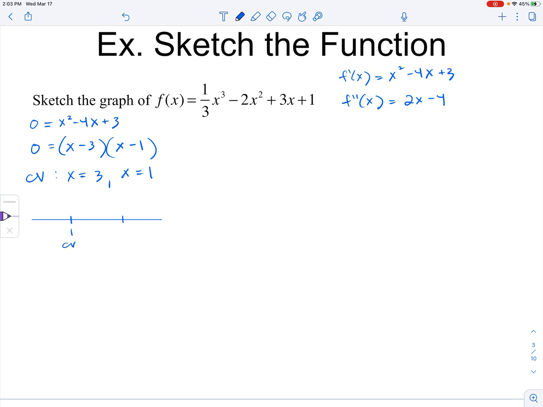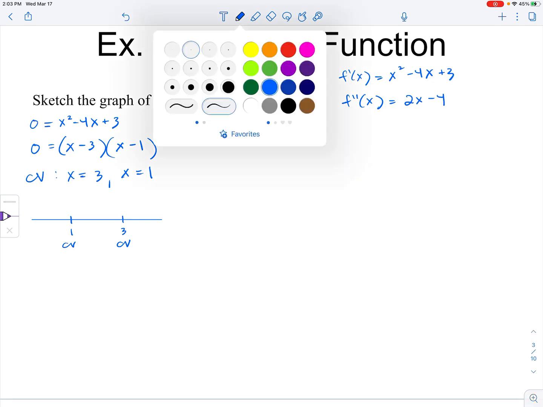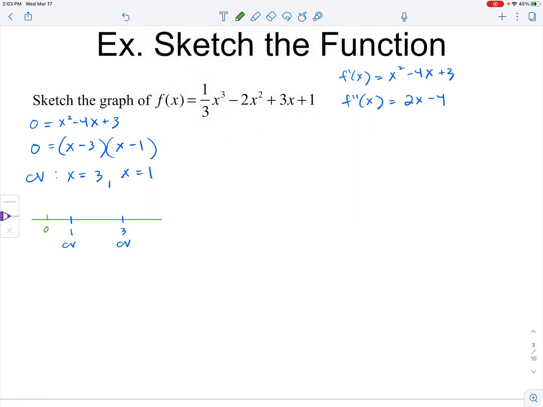And we want to determine where the function is increasing and decreasing. So I'll put our critical values on the analysis line in order. And this is going to kind of kill two birds with one stone. When we do our test values and see where the function is increasing or decreasing, that's also performing the first derivative test, which will help us to identify where local extrema are. So for test values, I'll do 0, 2, and 4, and I'm plugging those test values into the first derivative.